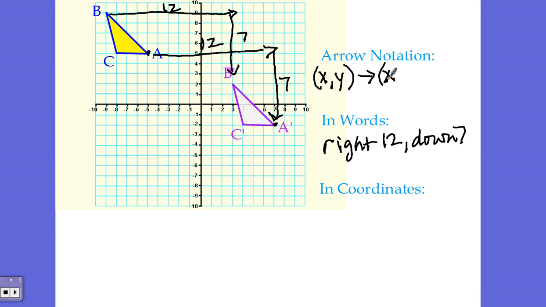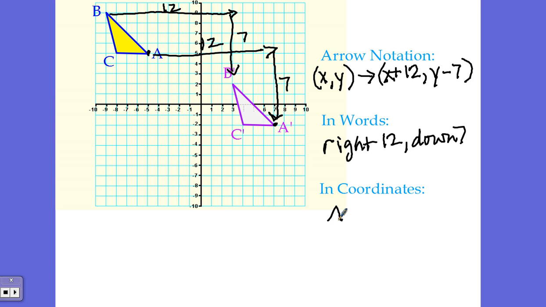So to all my x values, I went to the right. My x values were getting bigger by 12, so I add 12 to my x values. For my y values, I went down 7. That means my y values are getting smaller by 7 units. So I had to subtract 7 from all my y's.